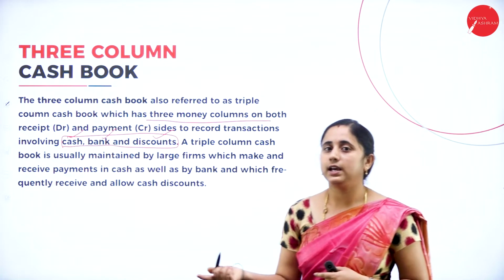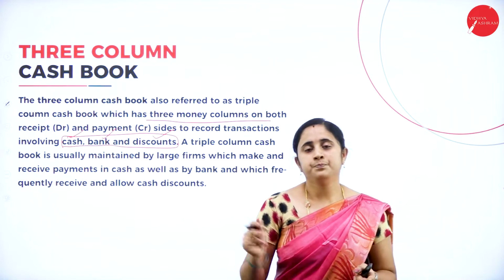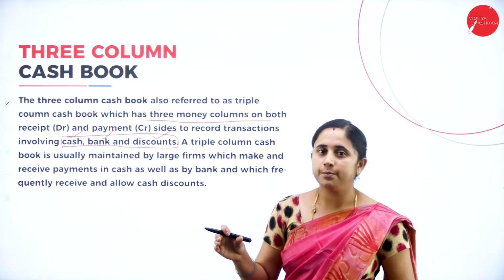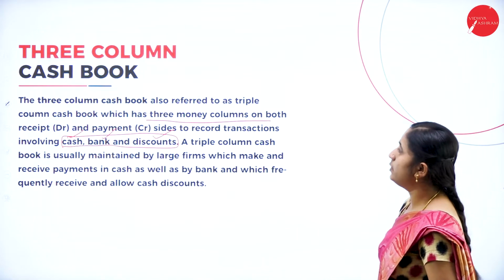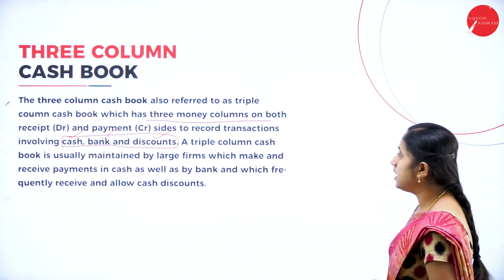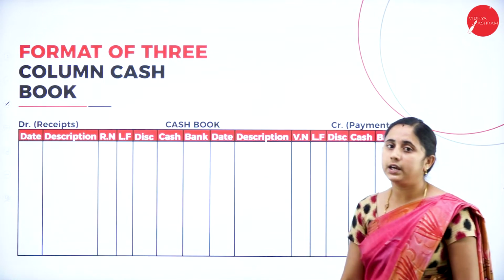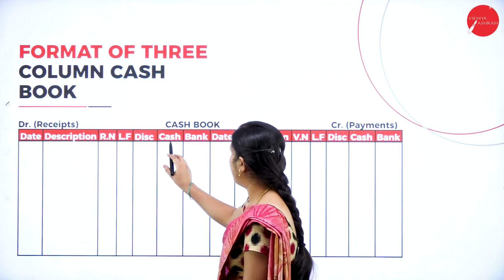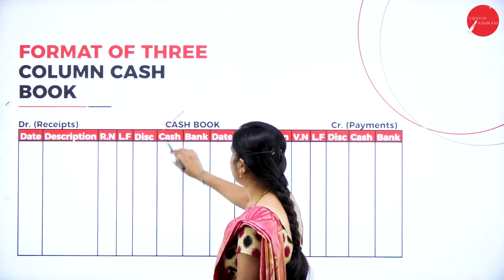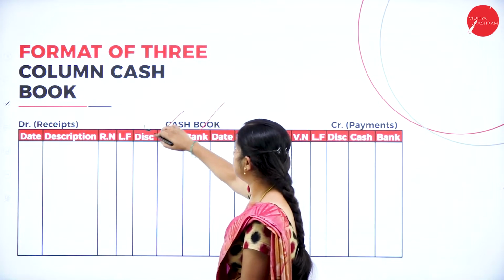So in single column, double column and triple column cash books, the only difference is the amount columns to record the amount. Here you have three columns to record the money. So this is the format of the three column cash book. In the single column cash book, we have only one column for cash. Here we have bank plus discount.